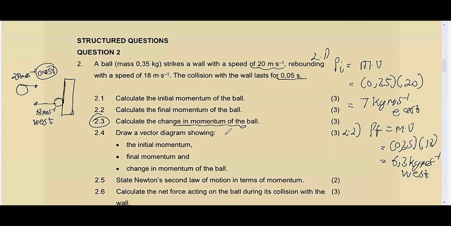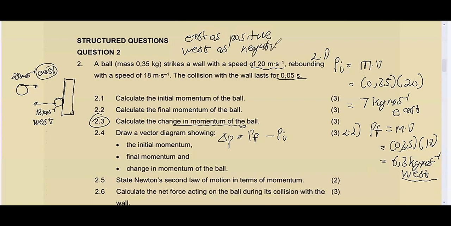Now, in 2.3, they say calculate the change in momentum of the ball. How would we calculate the change? Understand that the change in momentum is the momentum final minus the momentum initial. What is our momentum final? It is 6.3 kg·m/s west. Now, if we choose east as positive, that means west needs to be negative.